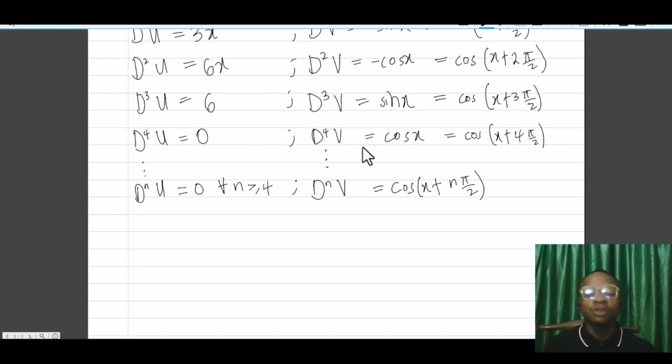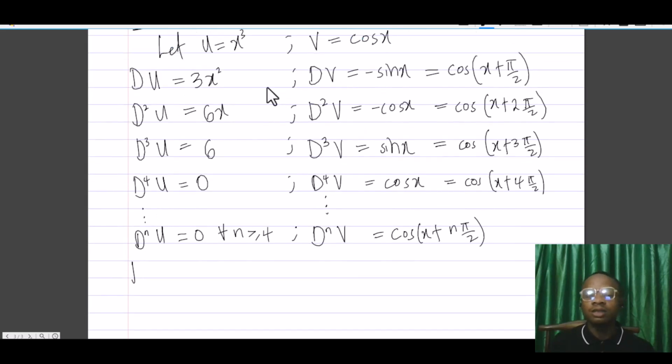All right, so the next thing is we now recall that if u is equal to this and v is equal to this, as we have stated here, that means our y is equal to uv.